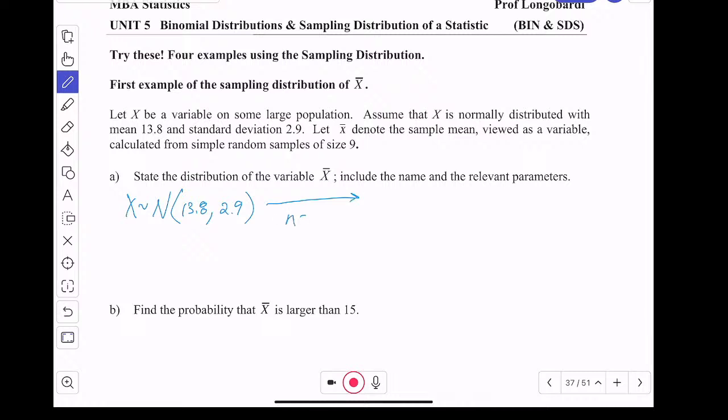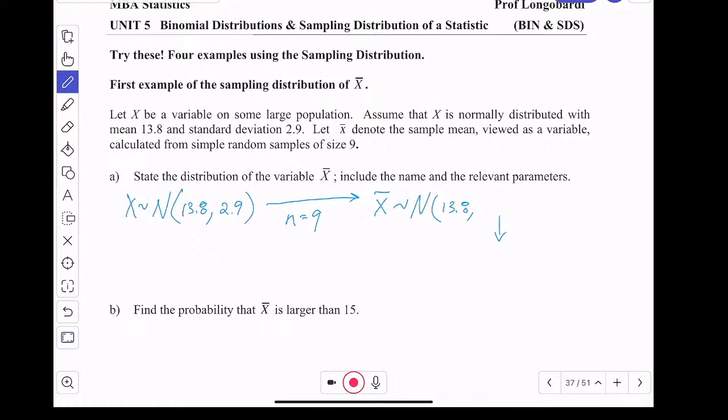With a sample of size 9, the sample mean will also have a distribution that's normal with a mean that is the same, but a standard deviation that's smaller because the sample means are closer together than the original values.